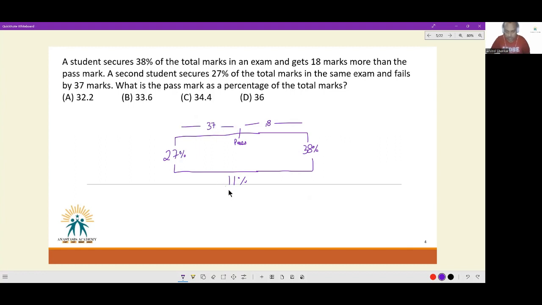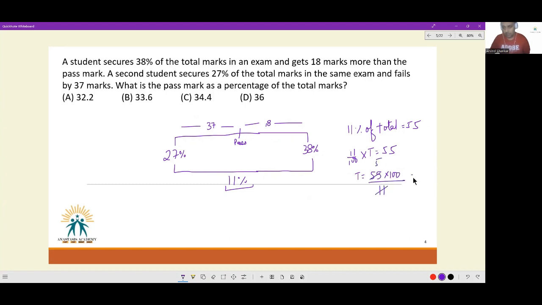So can I say 11% of total marks is equal to 37 plus 18, or 55? 11% of total is equal to 55, or 11 by 100 into T is equal to 55. T is equal to 55 into 100 by 11.